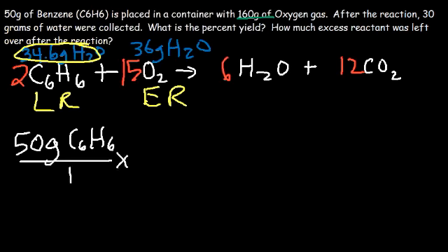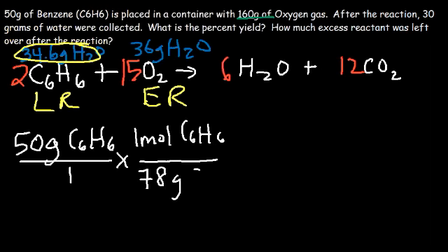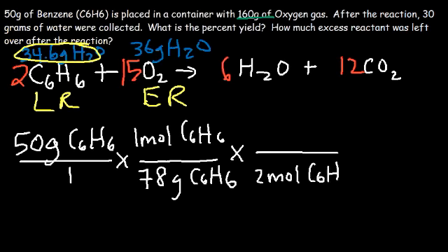So let's start with 50 grams of benzene, C6H6, and convert it to the grams of O2. The molar mass of benzene is still 78 grams per 1 mole. Now we need to use the molar ratio between the limiting reactant and the excess reactant. It's 2 to 15. So for every 2 moles of benzene that react, 15 moles of O2 react with it.